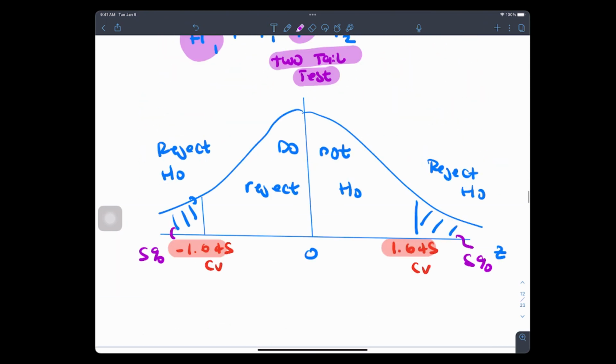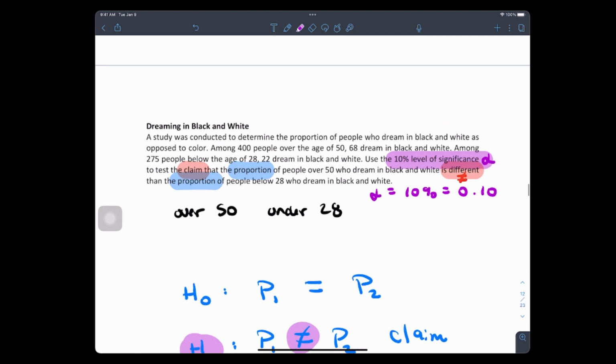I'm going to have to take a sample. Is that right? Or two samples. So let's take our two samples. Let's read. Okay. What does it say?